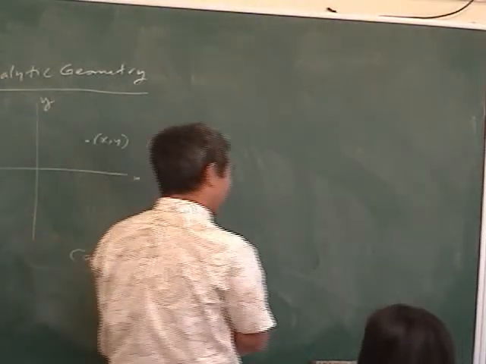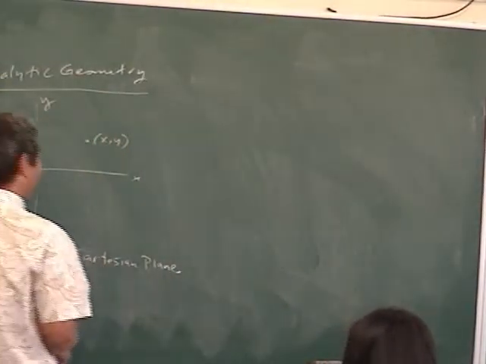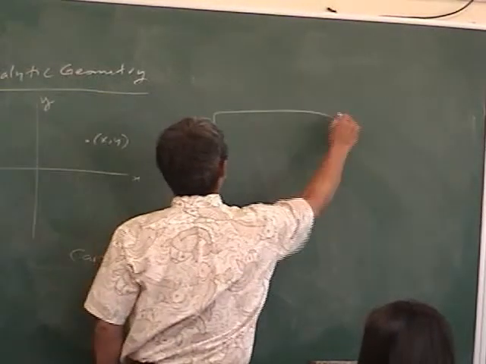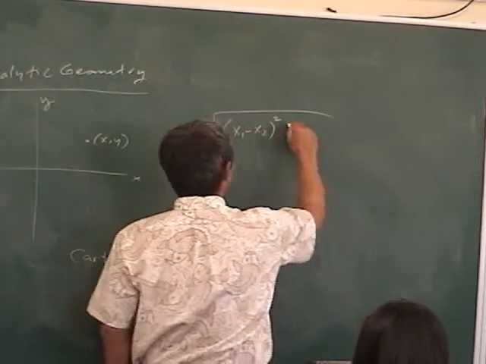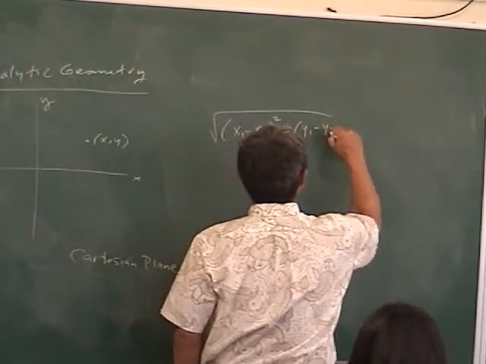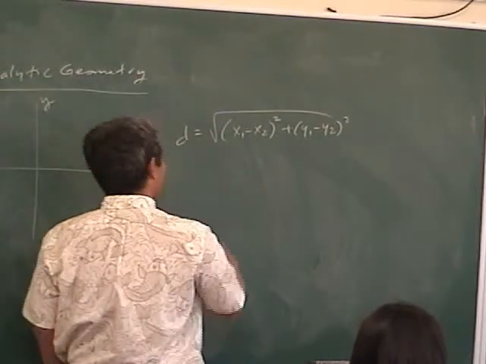Okay, so there are certain formulas that you already learned. Like, for example, what is this formula? This is the distance between 2 points in the Cartesian plane. What do I use this formula for?